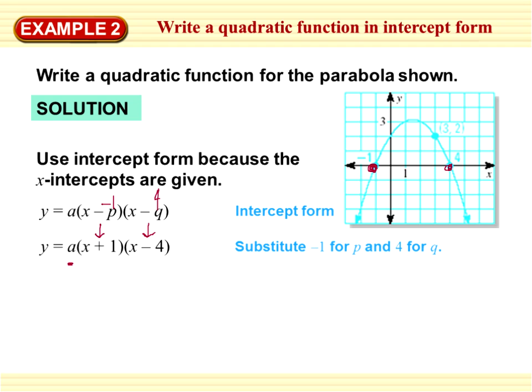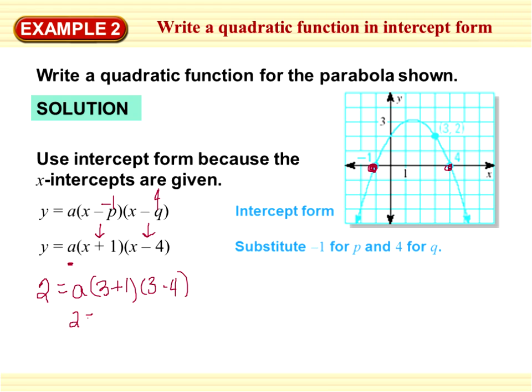So everywhere we see a y, we're going to put a what? A 2. We're going to solve for a, and everywhere we see an x, we're going to put a 3. So this becomes 3 plus 1, and this becomes 3 minus 4. So 3 plus 1 is 4, and 3 minus 4 is negative 1.